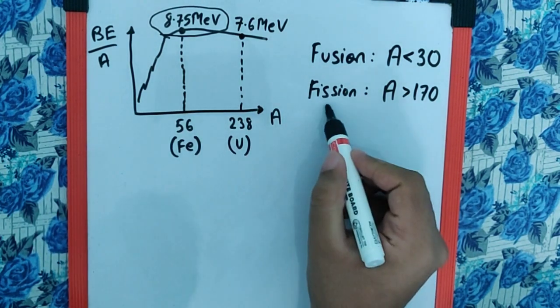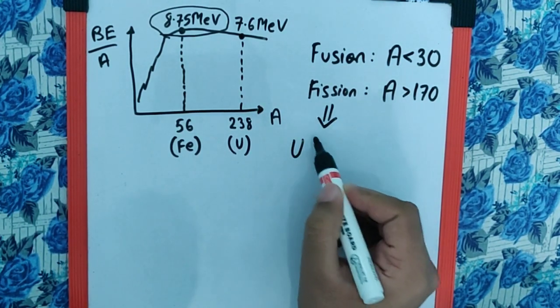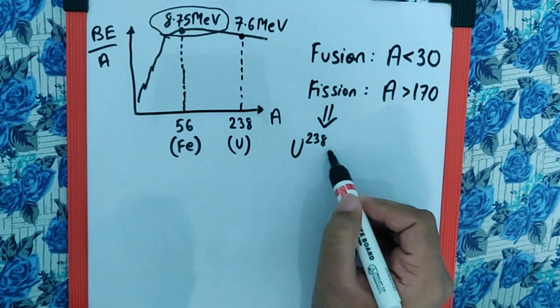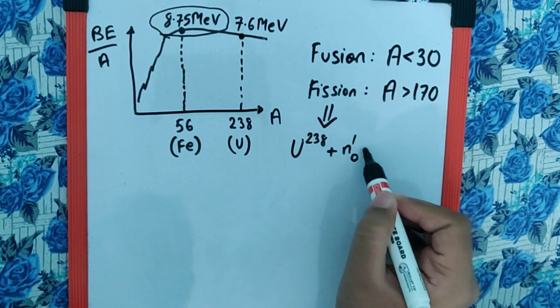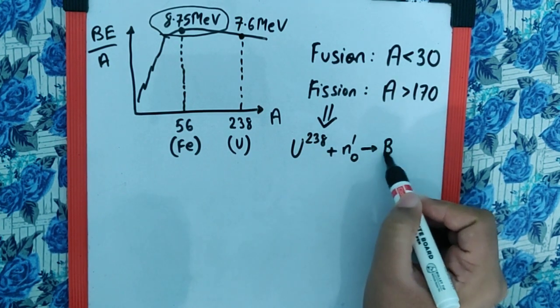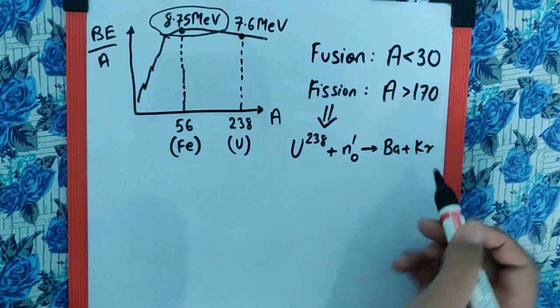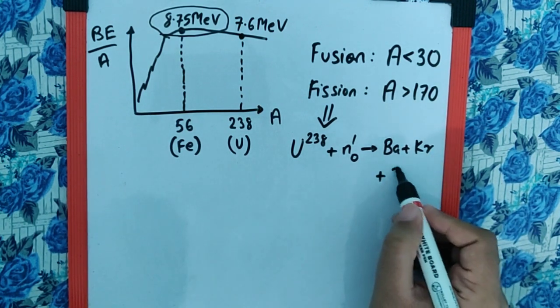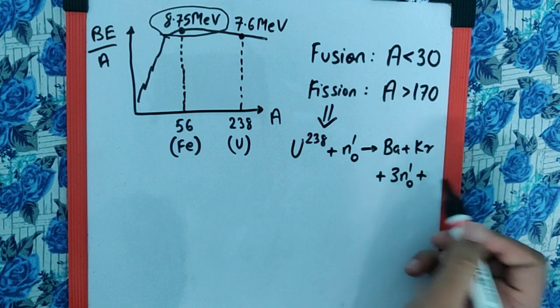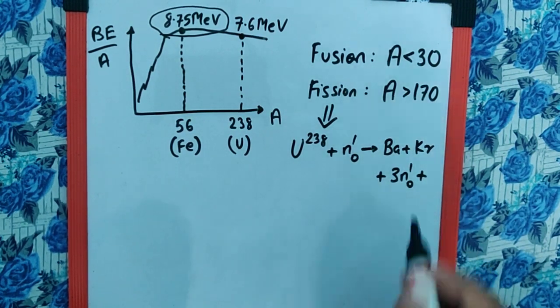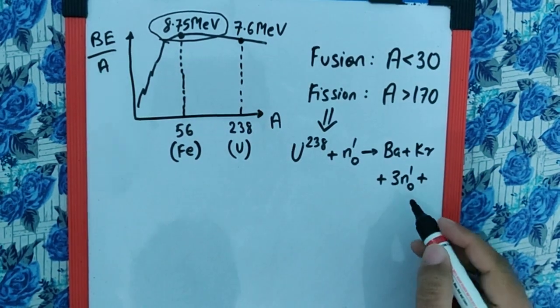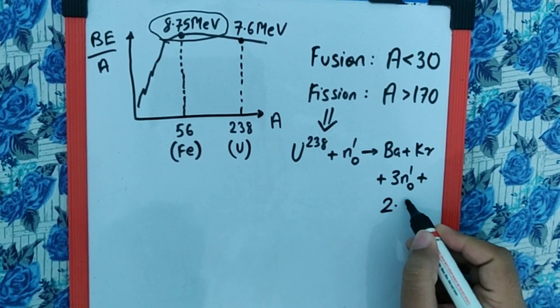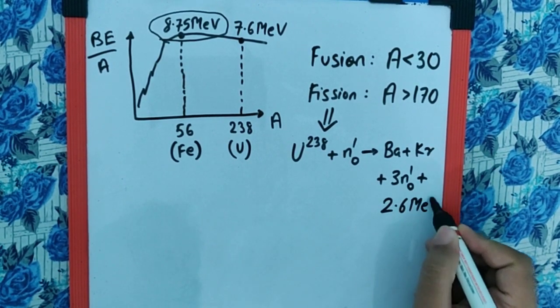Now for fission, we have uranium 238, which when bombarded with high speed neutrons breaks into barium and krypton. Along with that, we get 3 more neutrons with 2.6 mega electron volt.